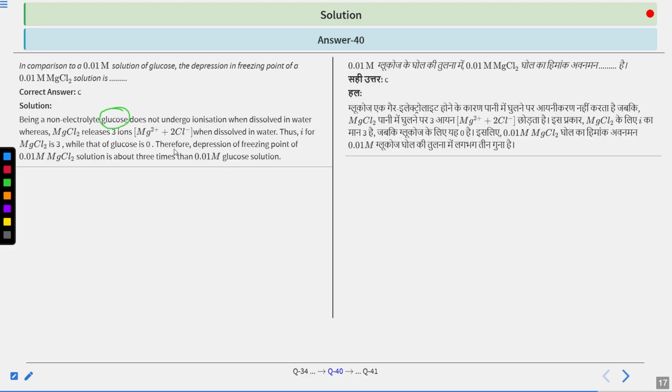For glucose, i is equal to 1, because that is the number of particles, it is simply 1. So the depression of freezing point of 0.01 m MgCl2 will be more, about 3 times, because it has 3 ions, than the 0.01 m glucose solution. In this way you will solve this question. Moving on to the next question.